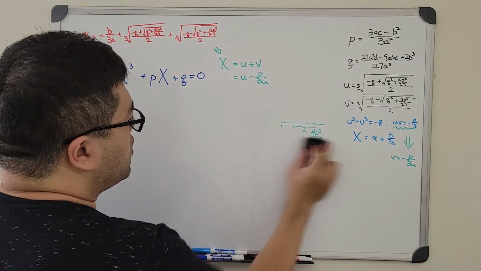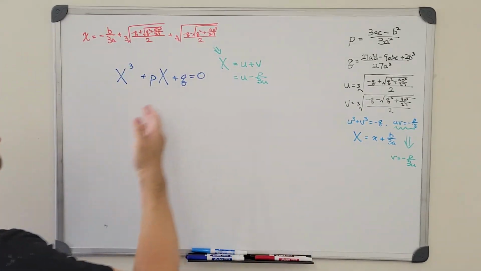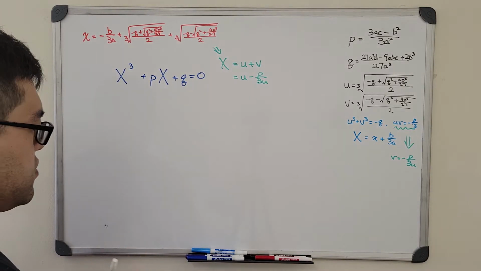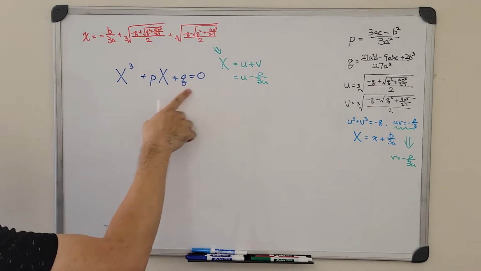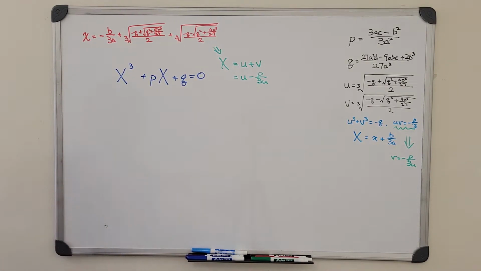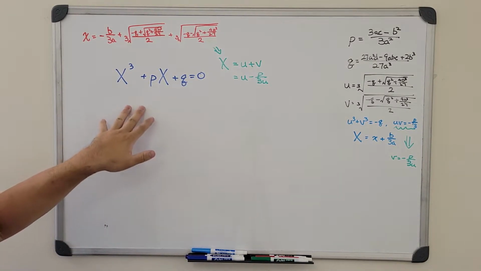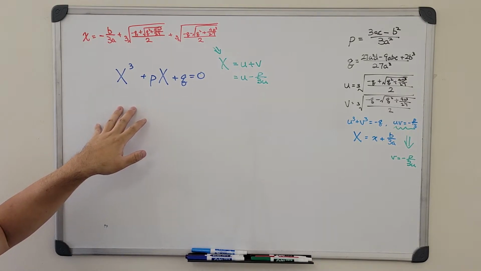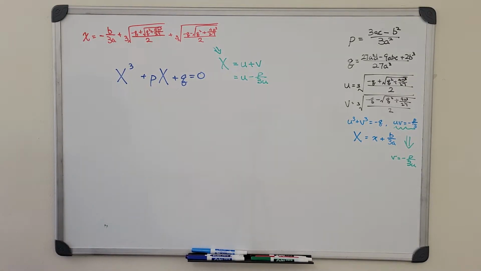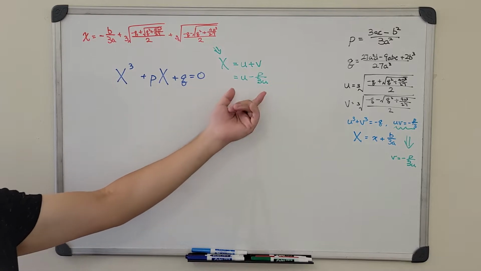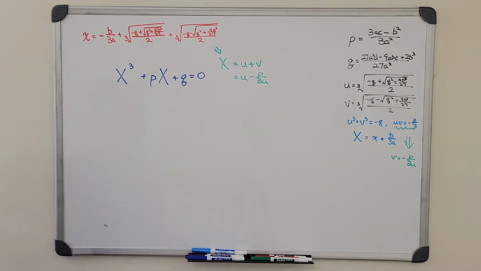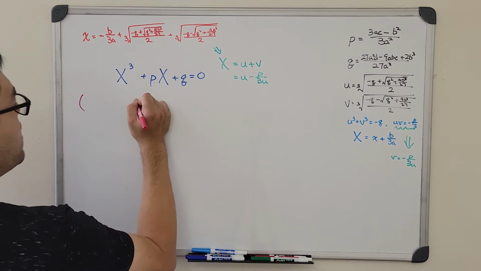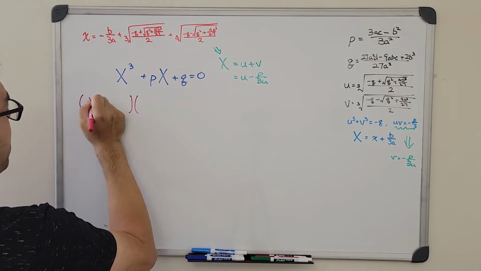So now we can actually move on. Here, since we know that x in the depressed cubic equation is supposed to have 3 solutions, and we already know one of the solutions, which is u minus p over 3u, we can now try to factor it out into the following.